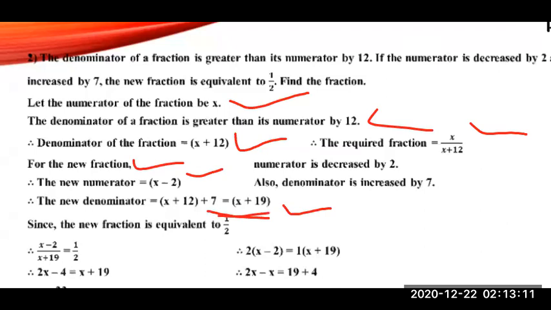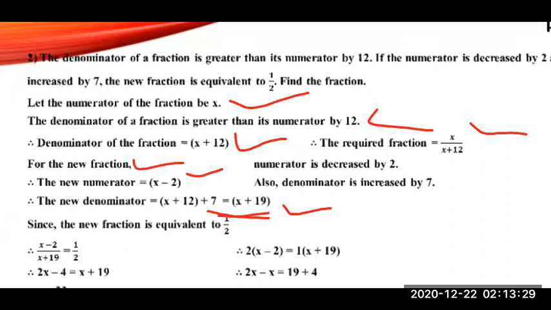See here x plus 19 how it came. Our required denominator was x plus 12. उसमें हमको और कितना ऐड करना है? 7 ऐड करना है. So it become x plus 19.